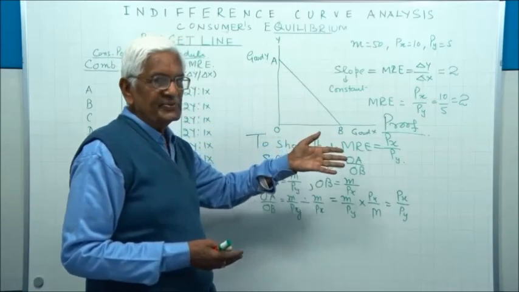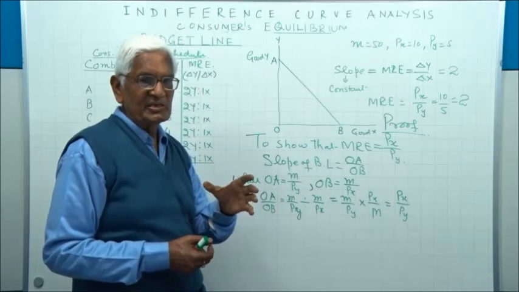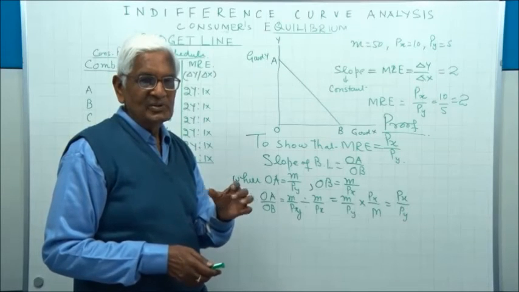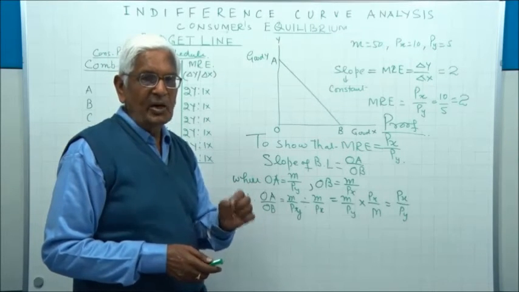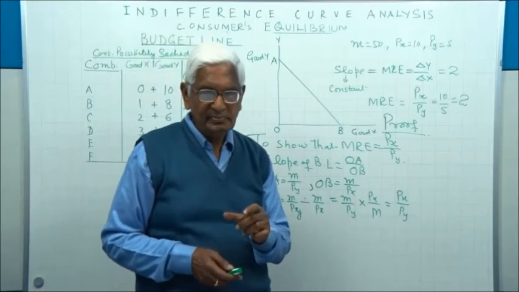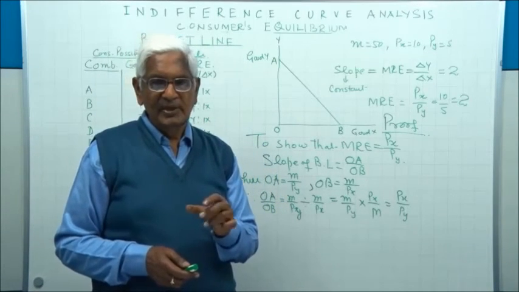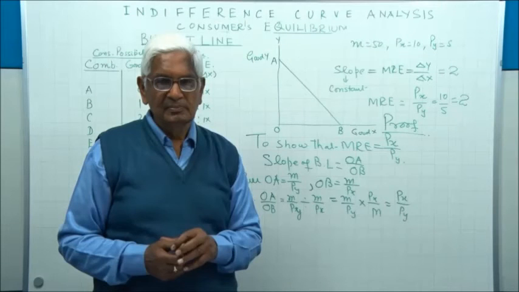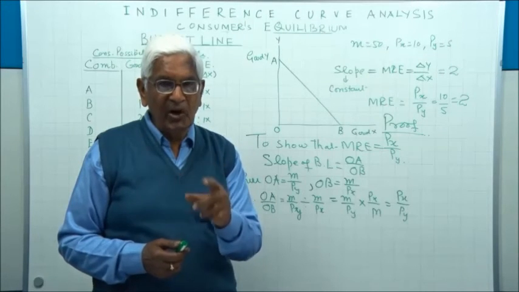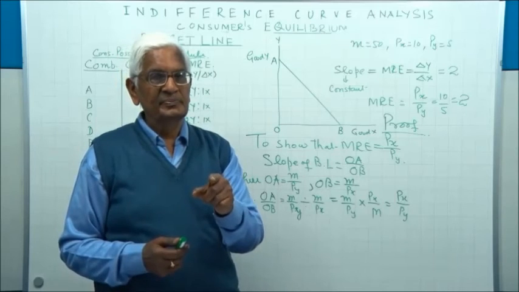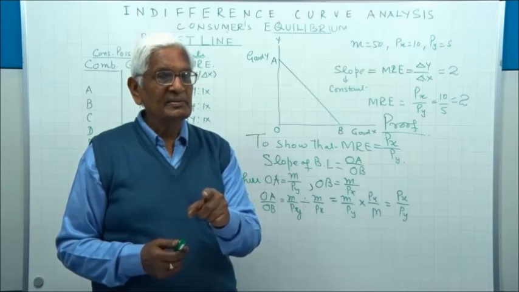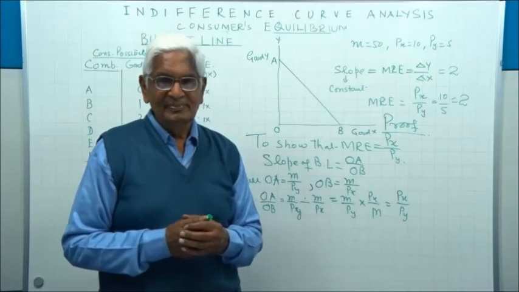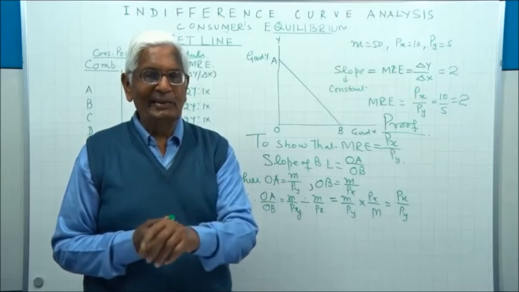It is the locus of different points, with each point showing the combination of the two goods a consumer can afford from his given income, assuming that he spends his entire income.